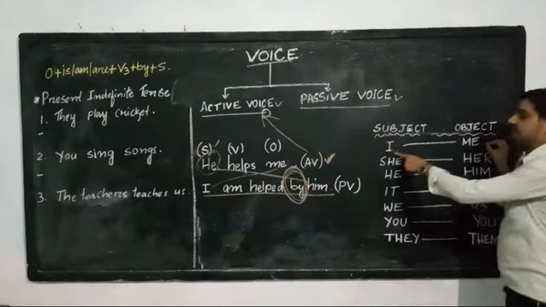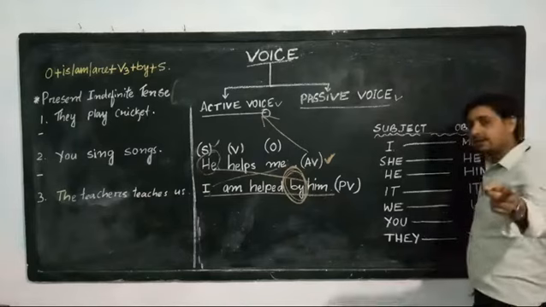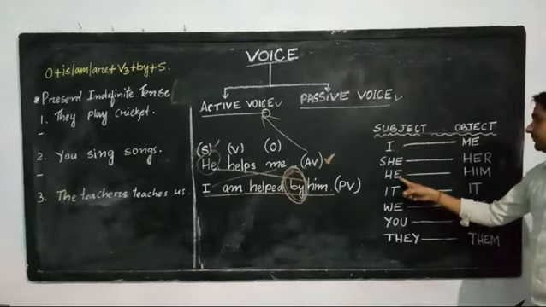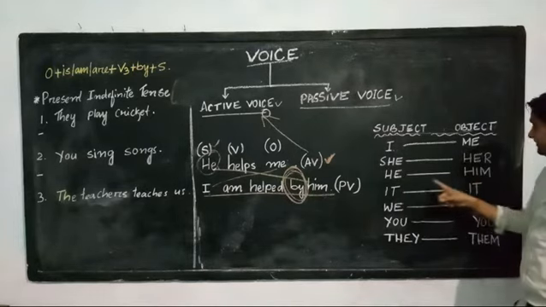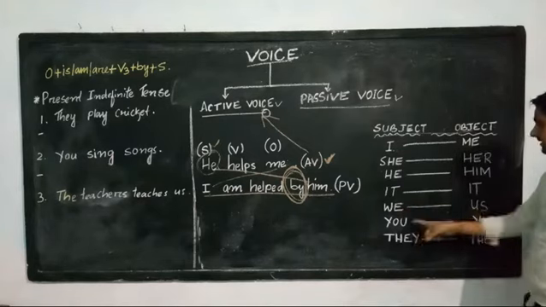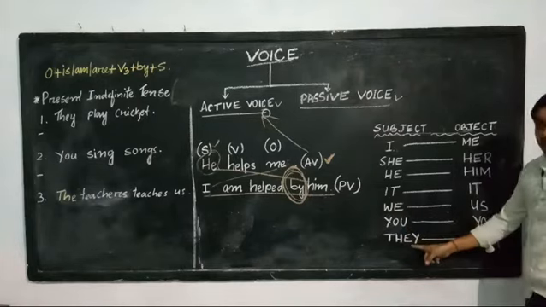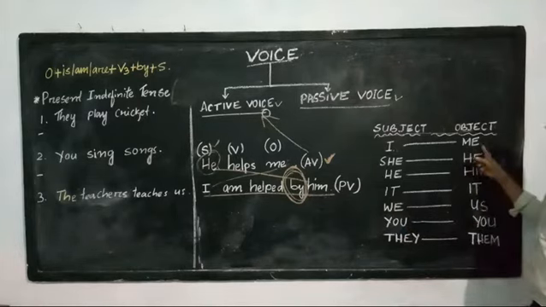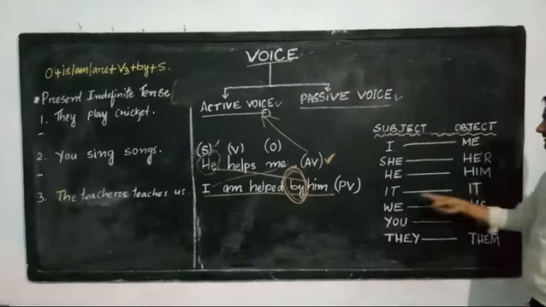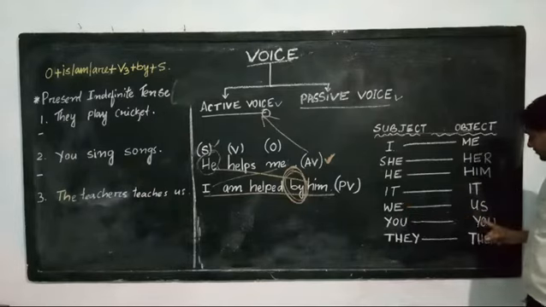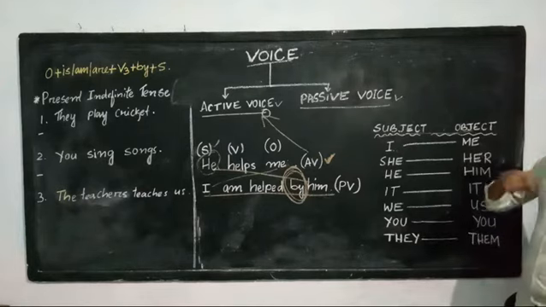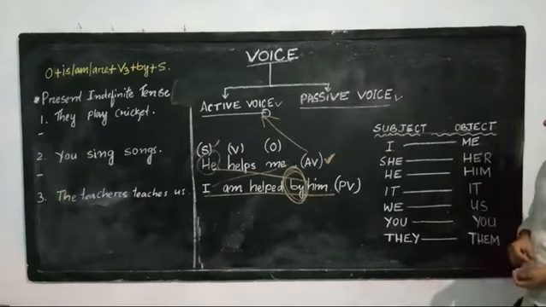I changes to me, she changes to her, he changes to him. It will remain the same. We changes to us, you remains same, it remains same, they changes to them. I, me, she, her, he, him, it, we, us, you, they, them. Many others are there, but we will talk about the words that get changed later.